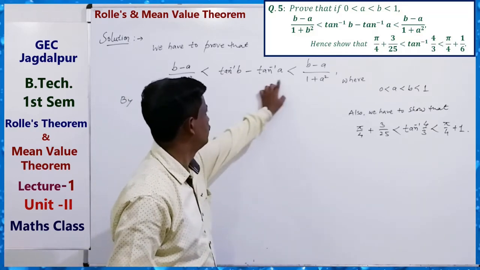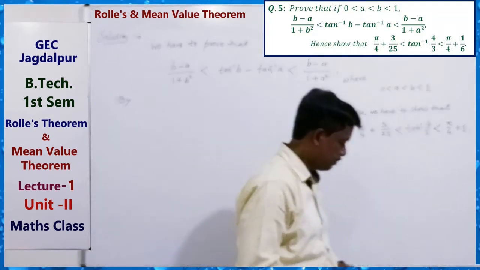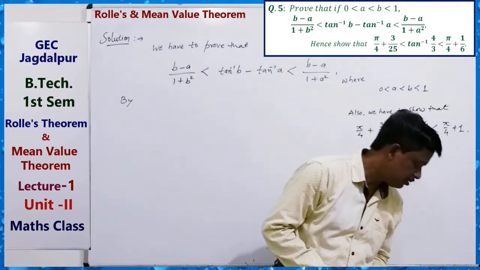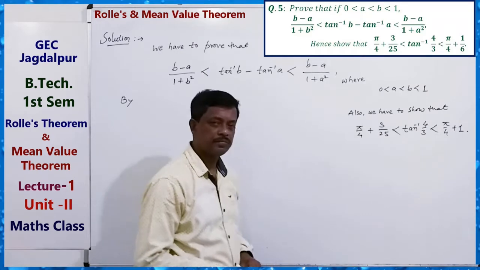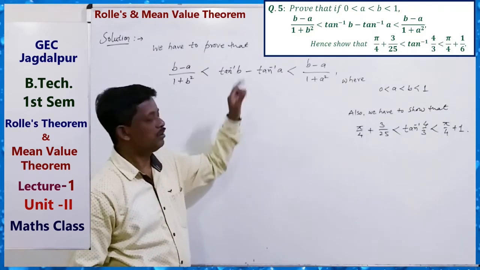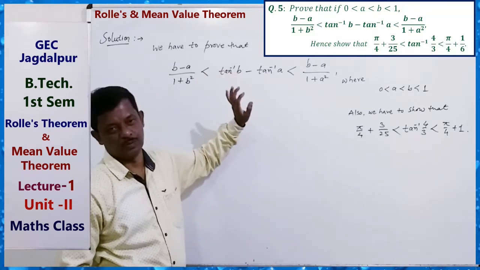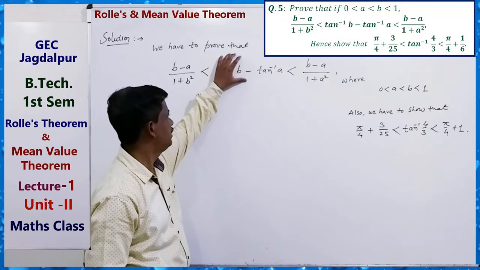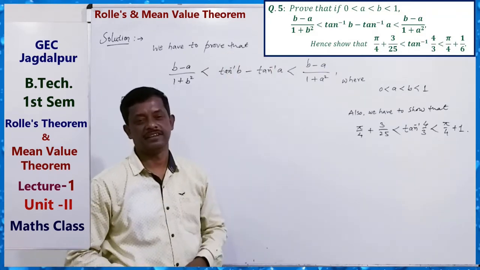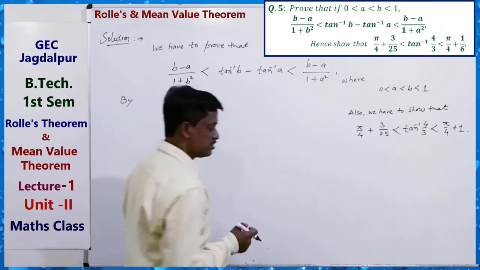How can we get this? What will be the function for that? We can suppose that this is f(b), this is f(a). Same type of thing.